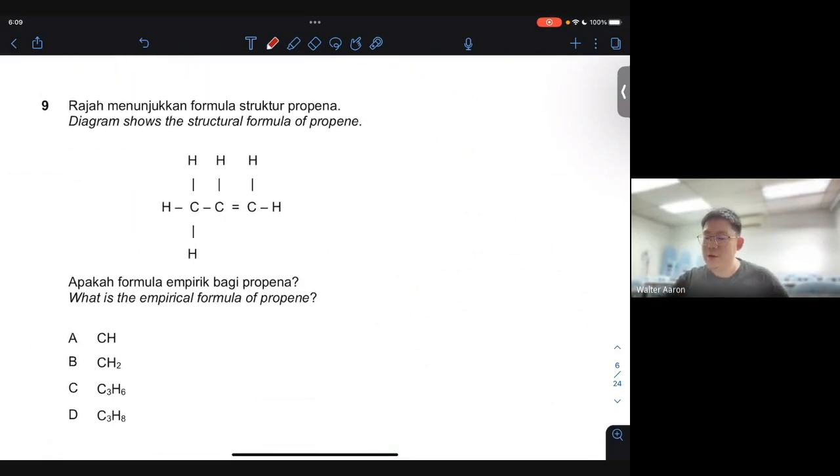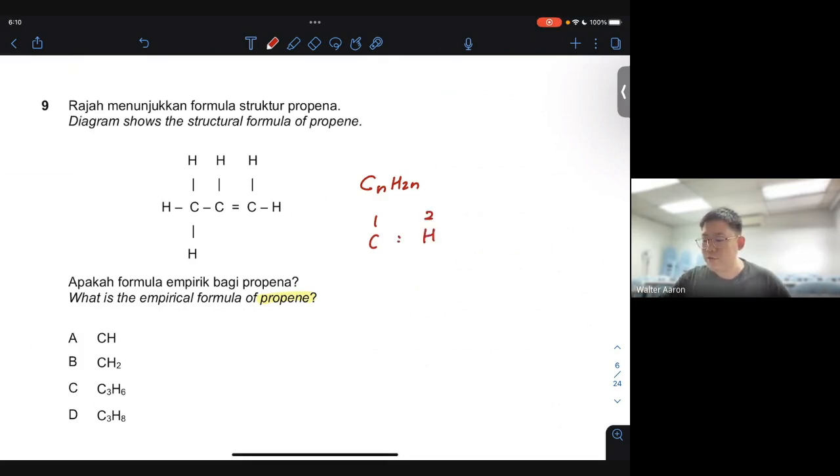Number 9, the diagram shows the structural formula of propene. What is the empirical formula of propene? You can take a look at the general formula of alkenes. Alkenes generally have the general formula CnH2n, which tells you that for every 1 carbon atom, there will be twice the number of hydrogen atoms.